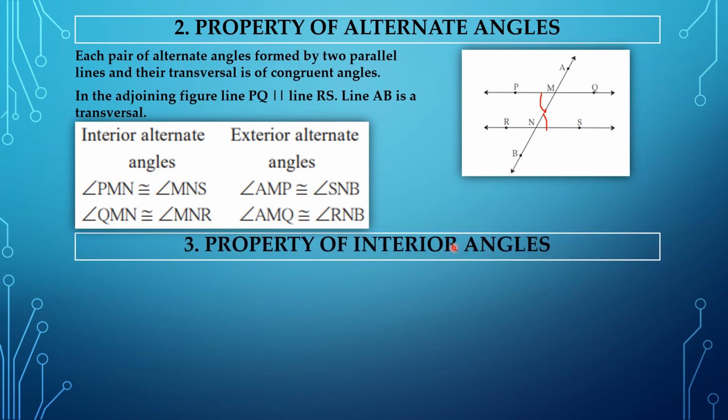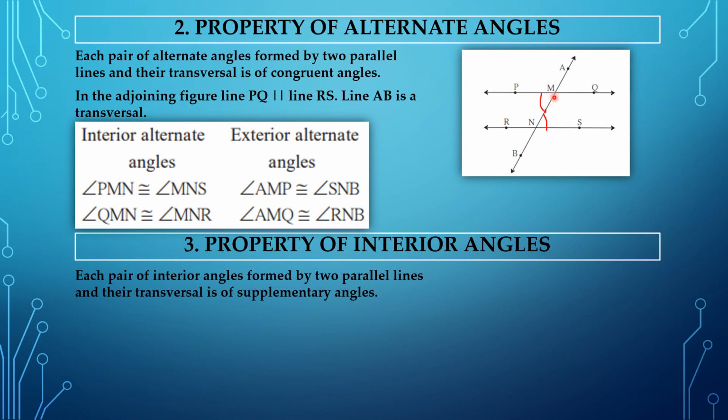Now the property of interior angles. As you know, interior angles are formed on the same side of the transversal. So each pair of interior angles formed by two parallel lines and their transversal is of supplementary angles. You know, students, what supplementary angles are?